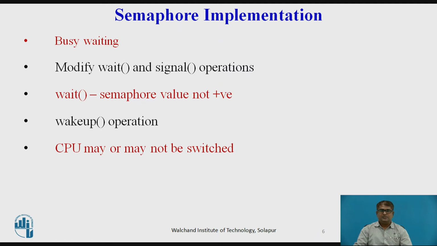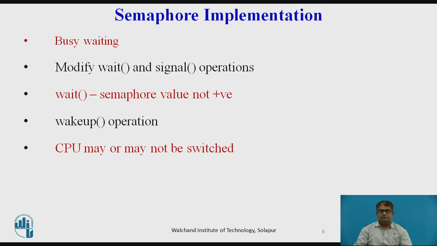The definition of the wait and signal semaphore operations was just discussed in the previous slide. To overcome the need for busy waiting, we can modify the definition of the wait and signal operations as follows. When a process executes the wait operation and finds that the semaphore value is not positive, it must wait.